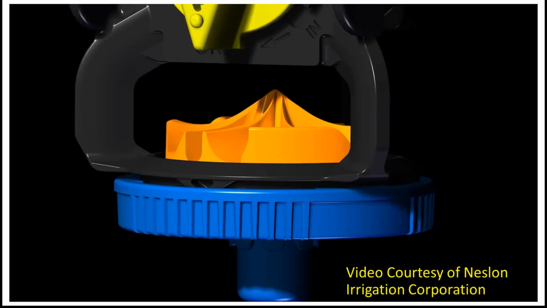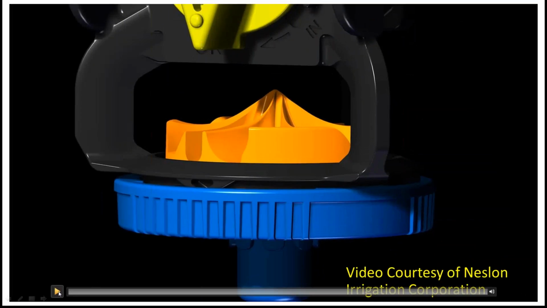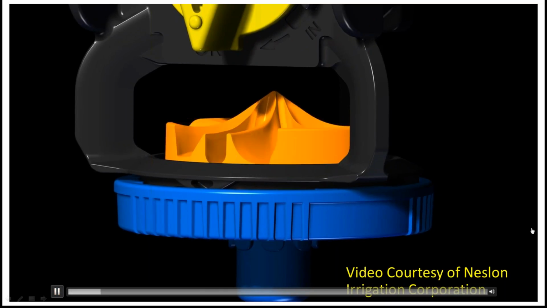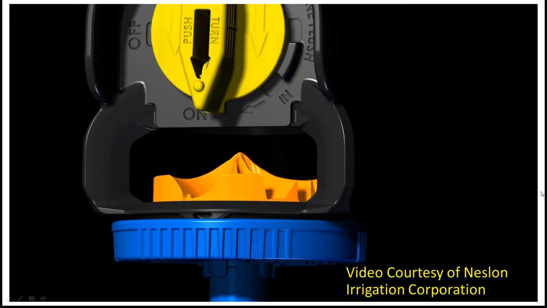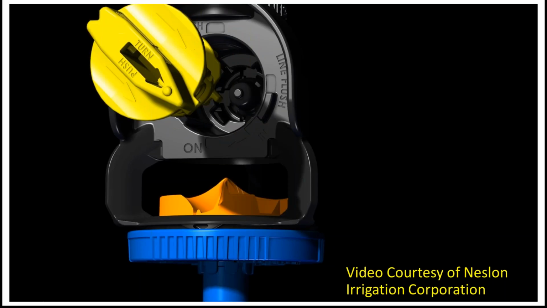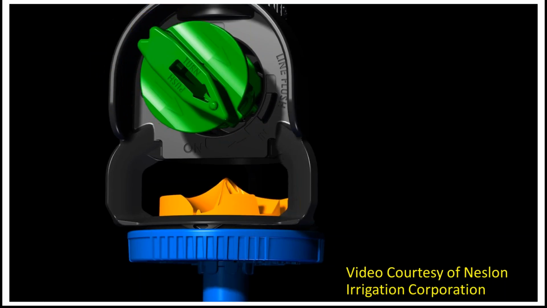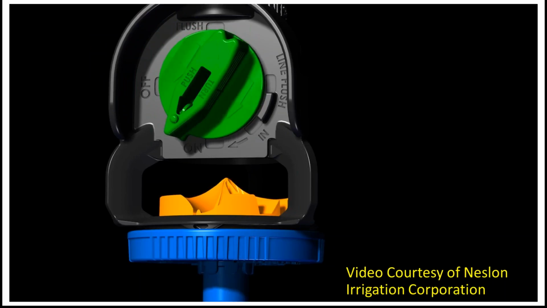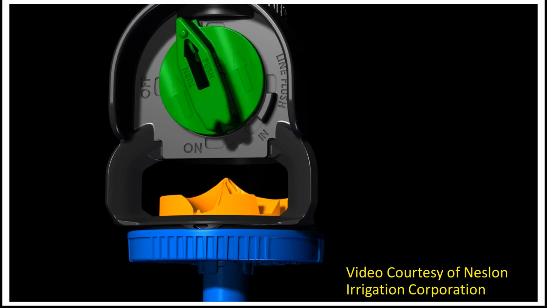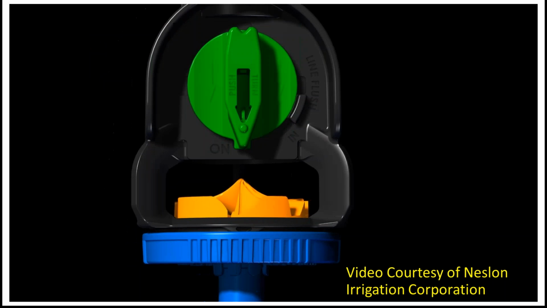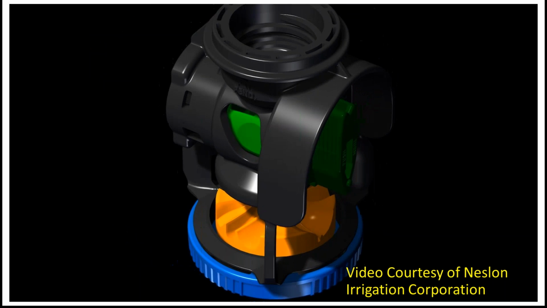Here's another example of instructional video. This is courtesy of one of our customers, Nelson Irrigation. This video was created to help their end users understand the products that they design. So you can see that operation is shown for some of the components here. You can see that they've also included instructions for how to change some of the parts in this assembly. And that might involve just changing positions of those components.